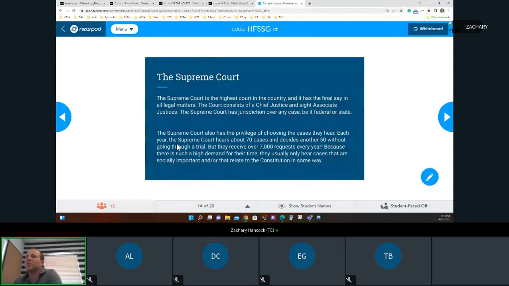Each year, the Supreme Court hears about 70 cases and decides on another 50 without going through a trial. But they receive 7,000 requests every year. Because there is such a high demand for their time, they usually only hear cases that are socially important or that relate to the Constitution in some way.